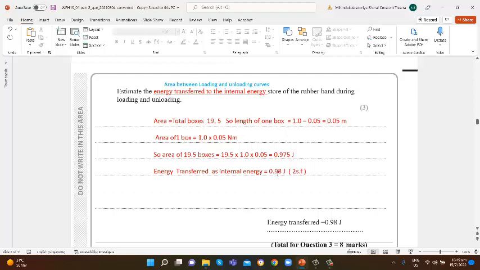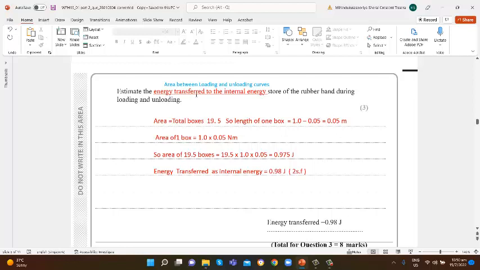So the energy transferred as internal energy is 0.98. Why am I going to give two decimals? Because our paper is given for two decimals. I am telling you again and again, you have to work it for three decimals and round it off to two decimals. So your energy transfer is going to be 0.98 joule.